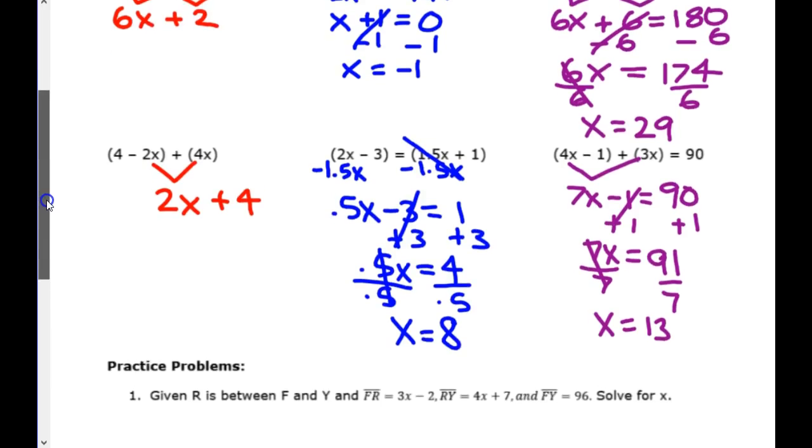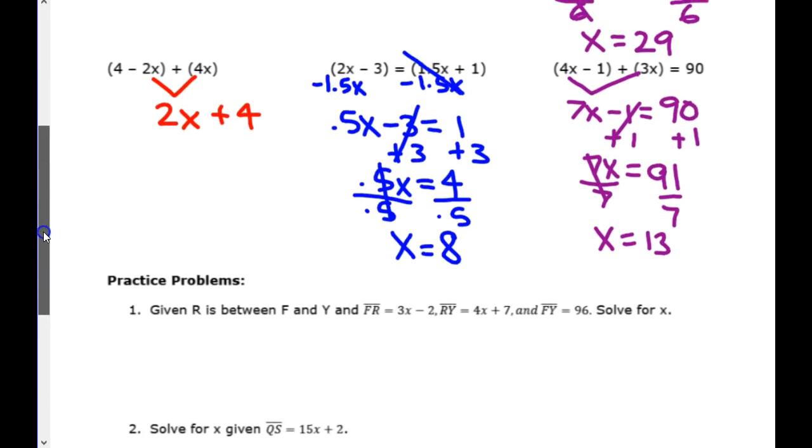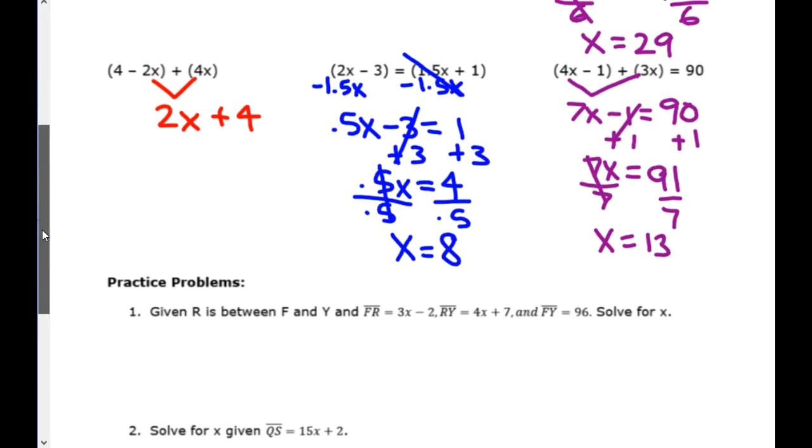Now we proceed to the practice problems. Before we start the practice problems, I want to make sure I give you the notes. And the notes today are so quick you might blink and miss it. So focus. Here's what we know.